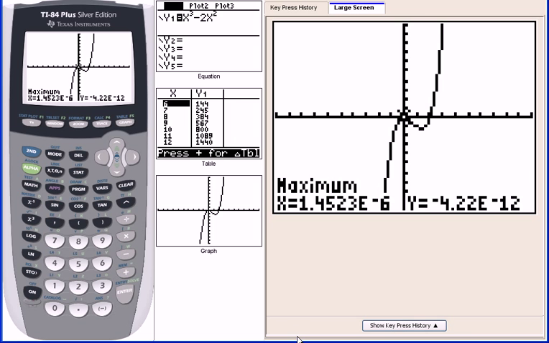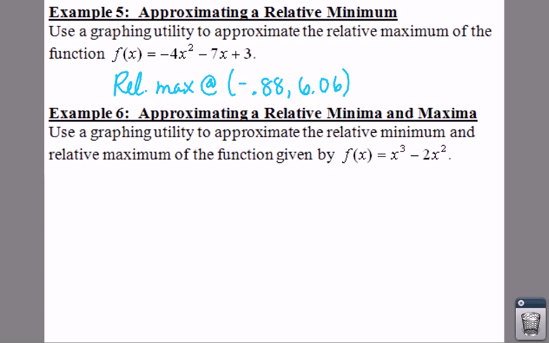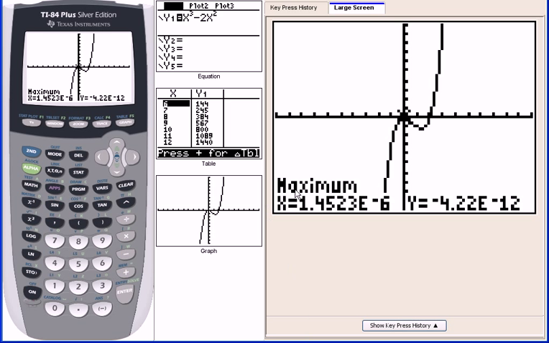So you have one relative max at the point, well, that's really 0, 0. Because if you look back at your x value, this has a 1.45 e to the negative 6. Well, that's 0.000014, rounded to 0.